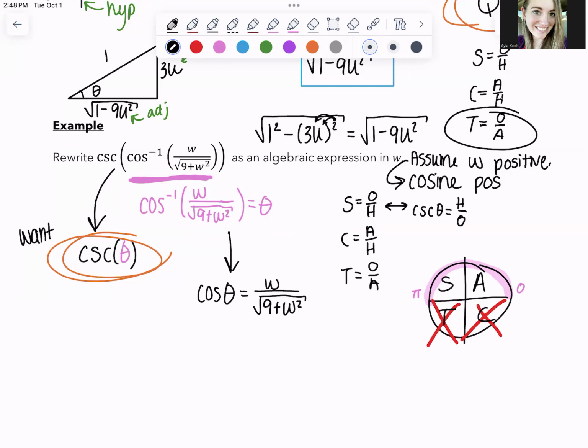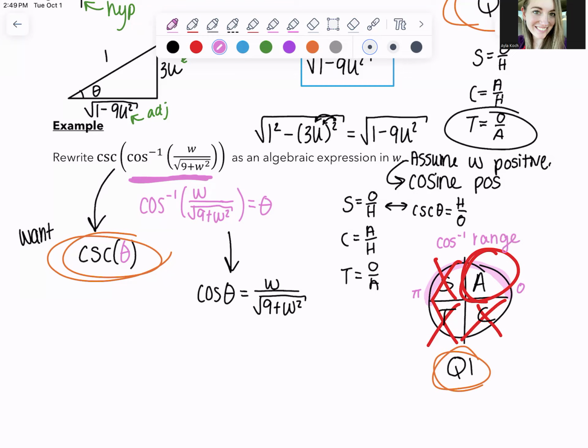So it's either in quadrant 1 or 2, but because this whole thing is positive, it has to be in quadrant 1. And make a note that this is the range of cosine inverse that I've highlighted there. The pink is the cosine inverse range.